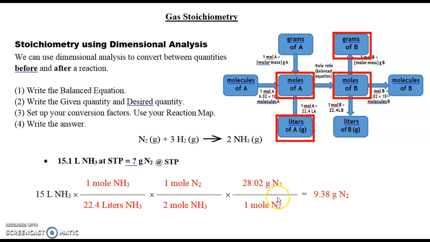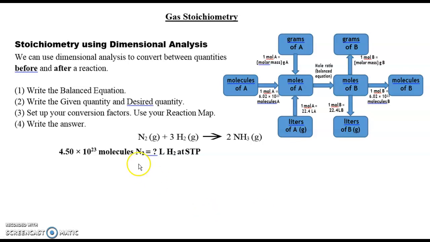I know what to do there. I can look at that and determine that the molar mass of diatomic nitrogen is 28.02, and multiplying all the numerators and dividing by all the denominators, I get 9.38. So that's just kind of a little more complicated look there.